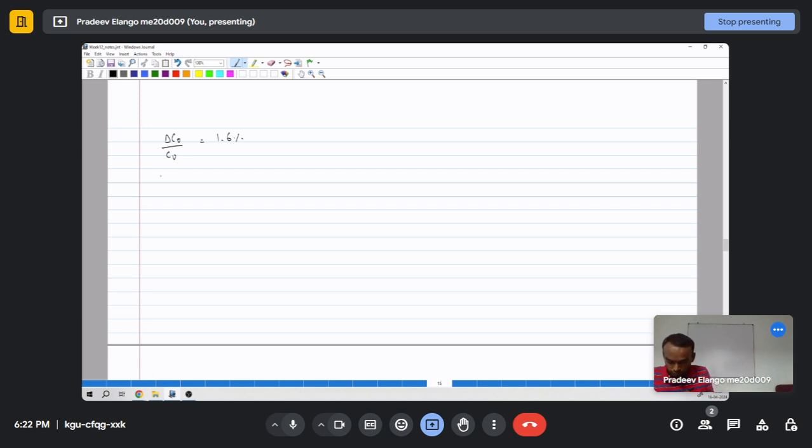So Cv dash minus Cv is equal to 0.016 into Cv. So we can find out the value of Cv.